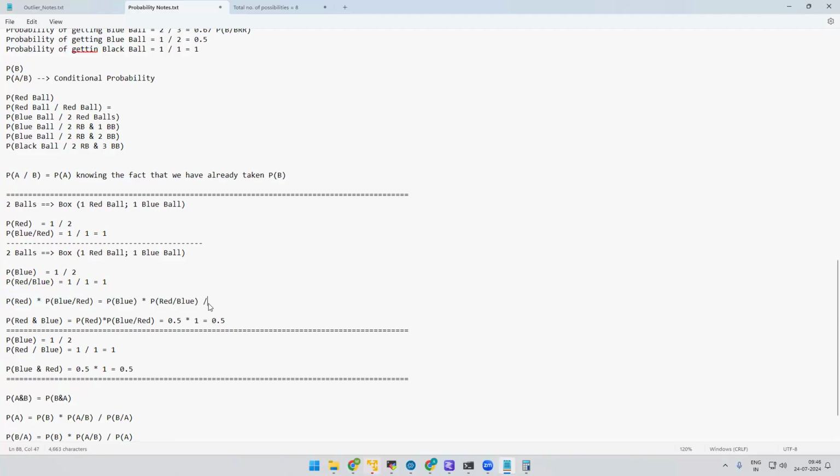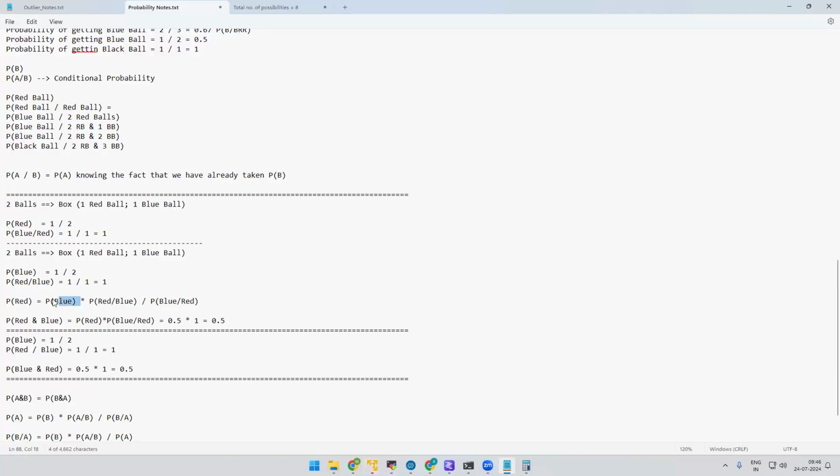Something like this. So if we don't know the probability of red, then you come here. Okay, clear? If we know the other three values, we can easily find out the remaining one.